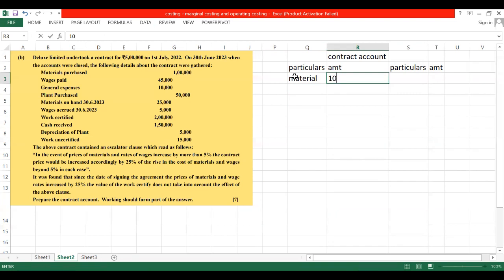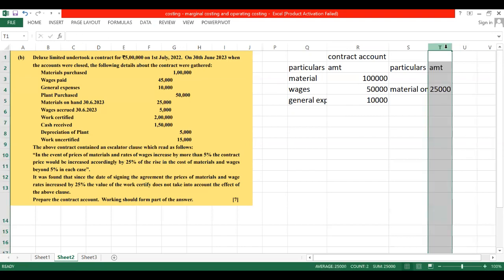Material, 1 lakh. Okay. Wages, 50,000. I'm just adding the total wages. Wages paid plus wages accrued. General expenses, 10,000. Then material on hand, 25,000.